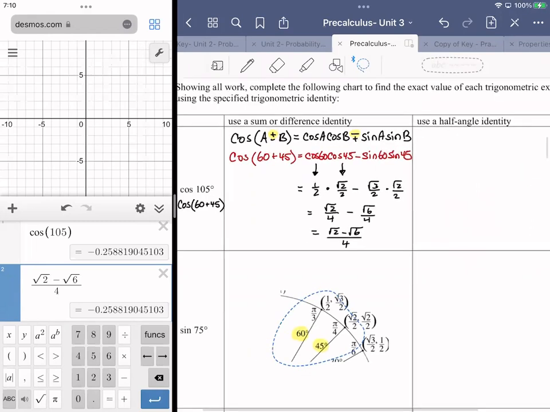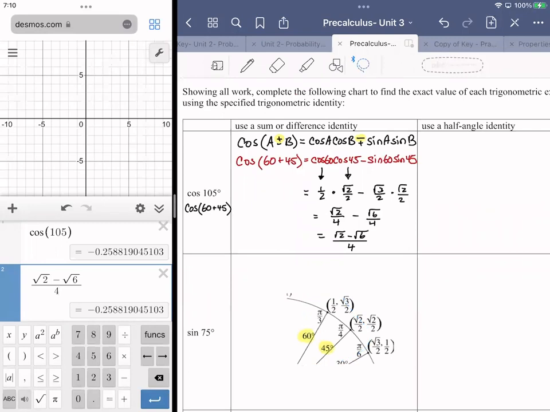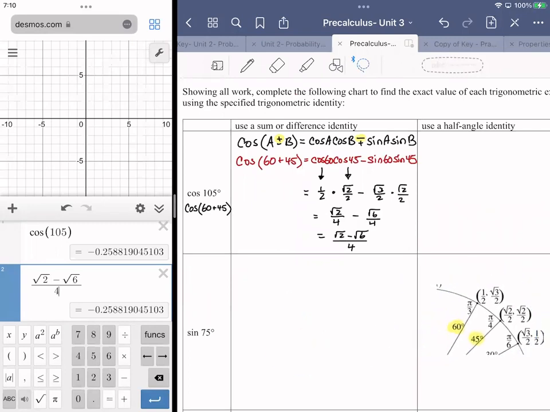Let's see. I can still use this for the next one. All right. So for sine of 75, again, we're looking for the sum or difference of nice unit circle angles that would get us to a 75.